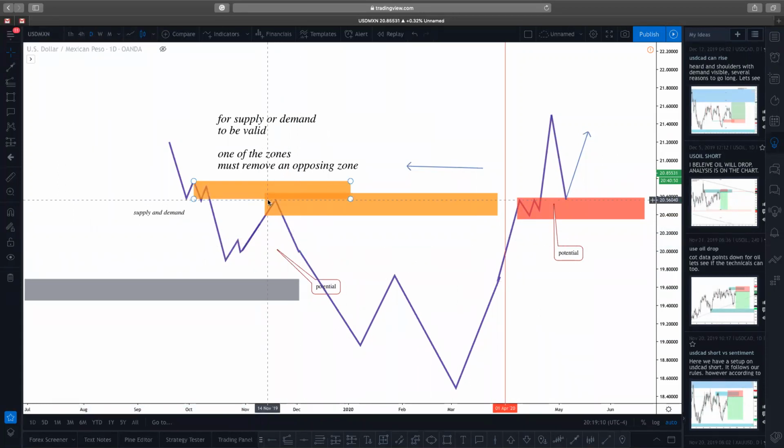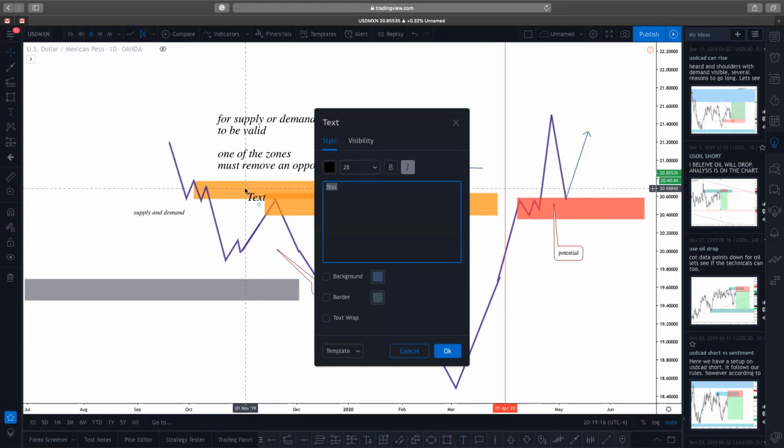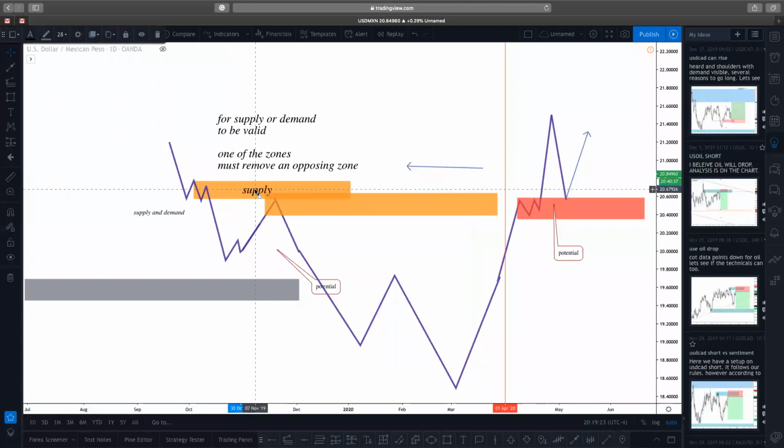So we have two valid supply zones, just to make things clear, because this is supply. Now, when the market came up and made that rally-based rally demand, it removed these previous zones, these two zones.